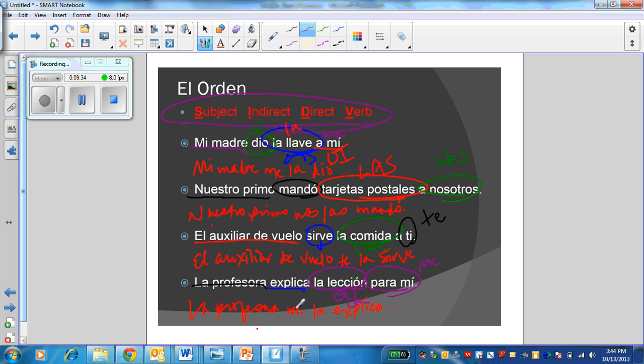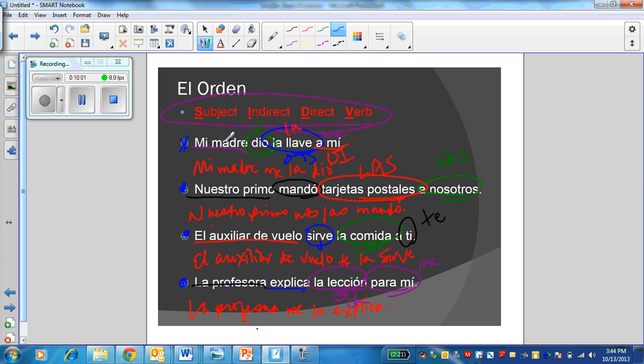Okay. Now, I want to reiterate again. These sentences right here are fine. Okay. No hay problema con estas expresiones.